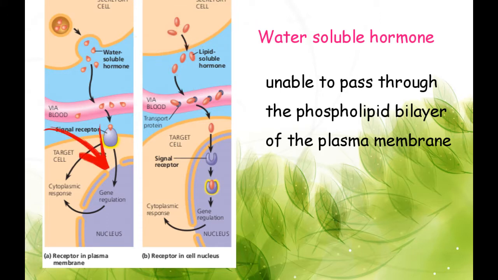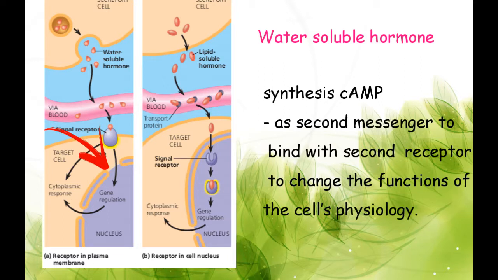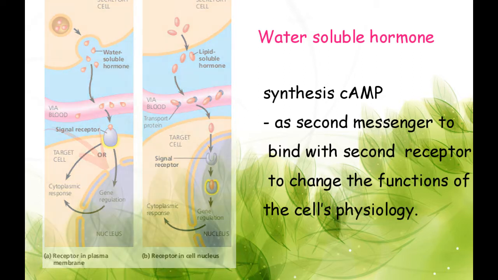This reaction may change a factor inside the cell such as the permeability of the membrane or activation of another molecule. A common reaction is to cause molecules of cyclic adenosine monophosphate, or cAMP, to be synthesized from ATP present in the cell. cAMP plays a role as a second messenger to bind with a second receptor to change the function of the cell's physiology.